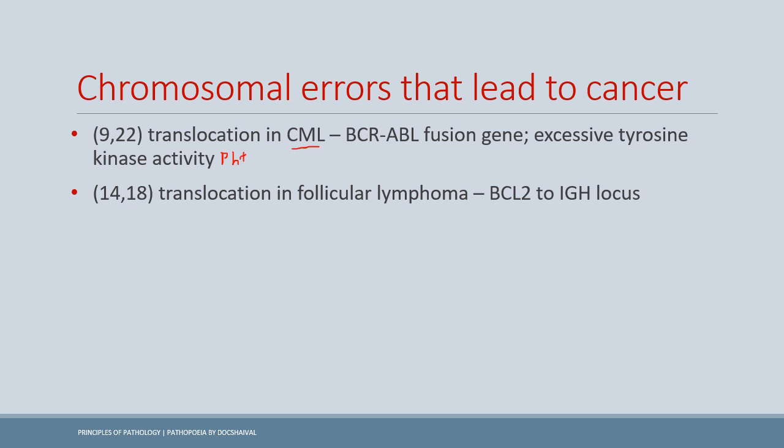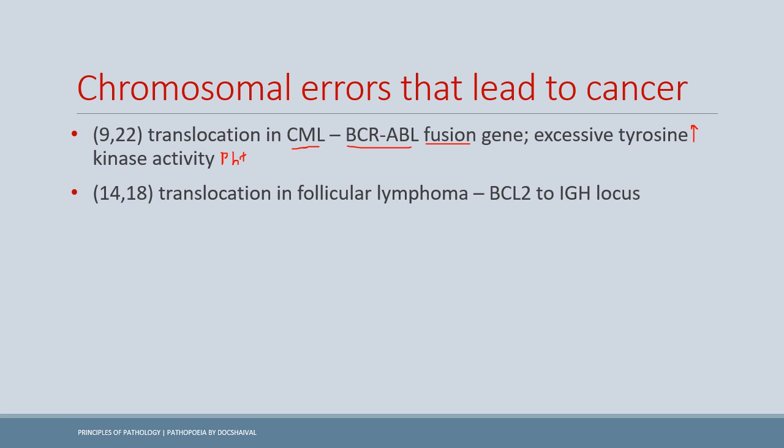So what happens is that there is the BCR-ABL fusion gene, and this fusion gene causes excessive activation of the tyrosine kinase. Now, recall that tyrosine kinase may activate the MAPK, it will activate the RAS, and the RAS then will activate PI3K and the MAPK and all, ultimately leading to cell proliferation, and hence causes cancer.